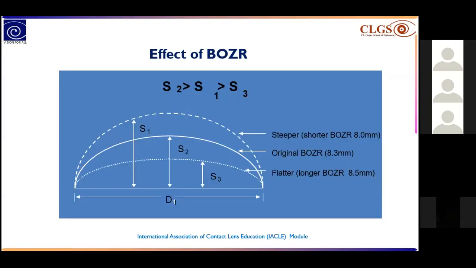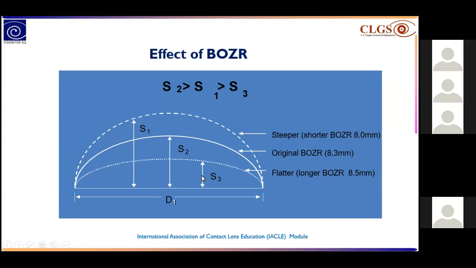So what will happen if we increase or decrease the base curve of the contact lenses? Suppose in these pictures we have kept the diameter constant, and we are increasing or decreasing the base curve radius. If we increase the base curve from 8.3 to 8.5, it means the sagittal height of the lens is getting decreased.